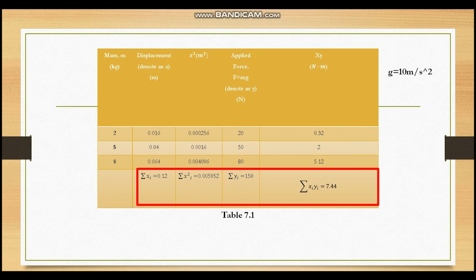The total displacement is equal to 0.12 meters, and the summation of the squared values, in meters squared, is equal to 0.005952, the total load is equal to 150 newtons, and the summation of the product of x and y is equal to 7.44 newton meters.